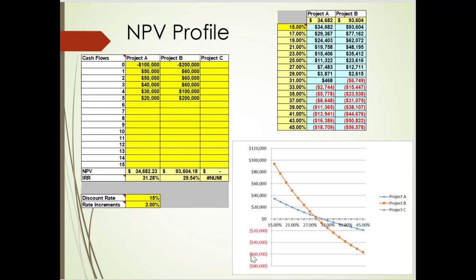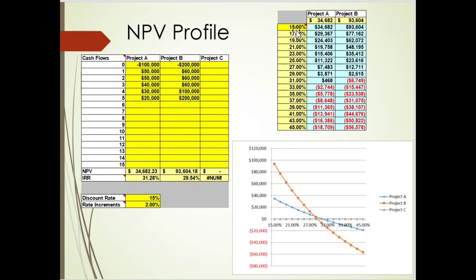There is a tool called the net present value profile. Essentially what this net present value profile does, and again, there is a worksheet for this, you enter the data. So we have the discount rates. We also have a table that will calculate the net present value for each of these two projects using a different discount rate.